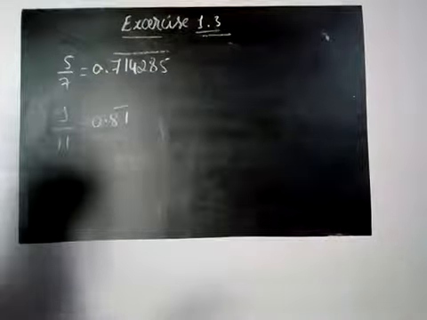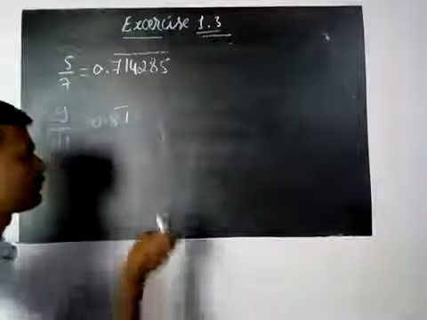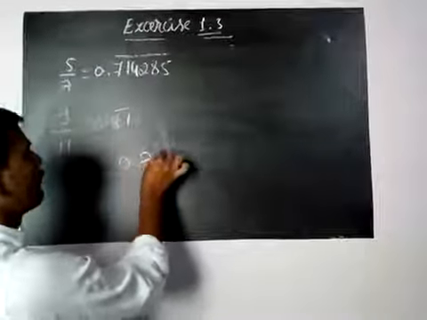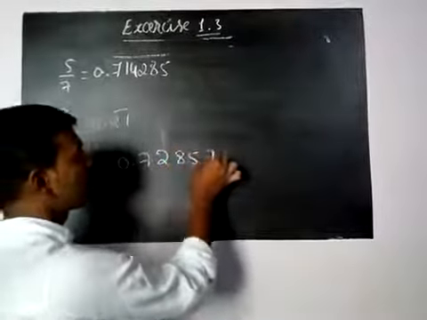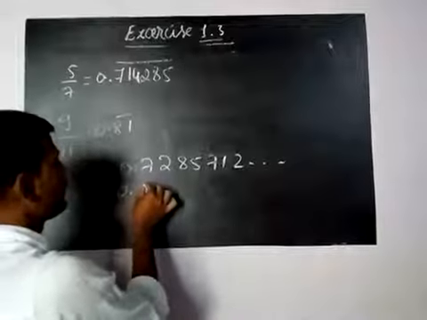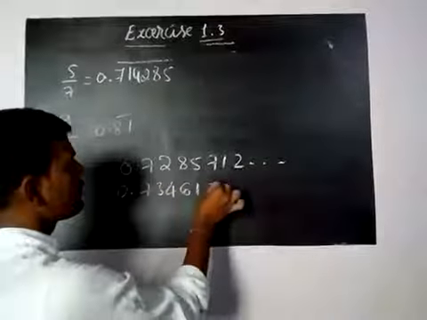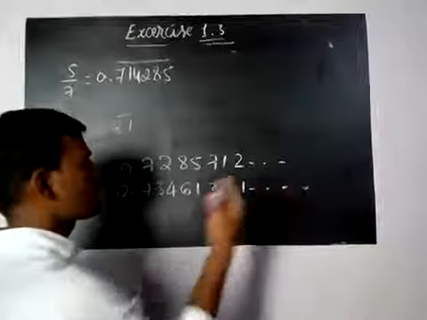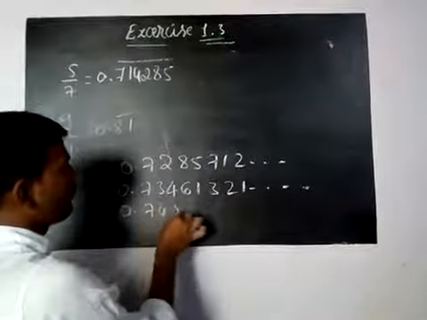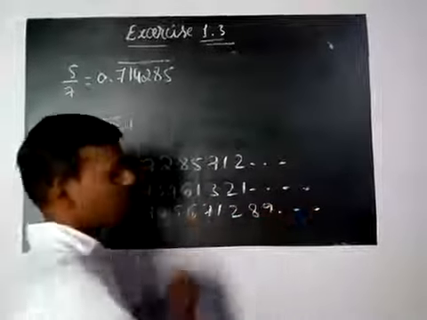They have no end for the decimal digits. Let me write: 0.728571 and anything, 0.73461321 and so on, and next 0.74567129 or anything.